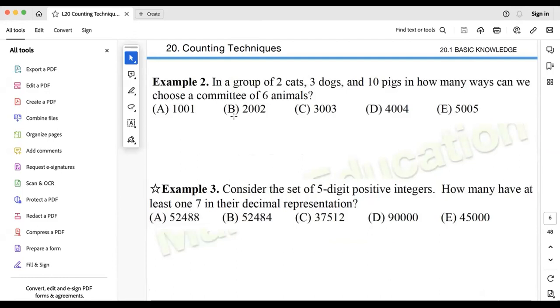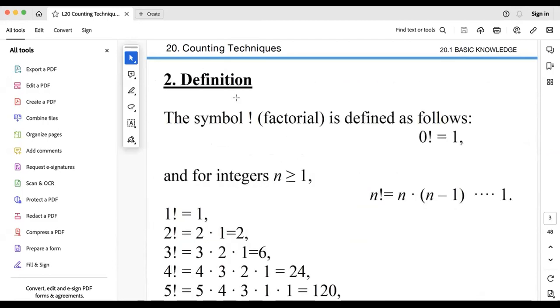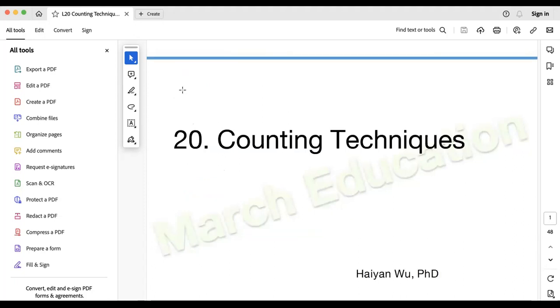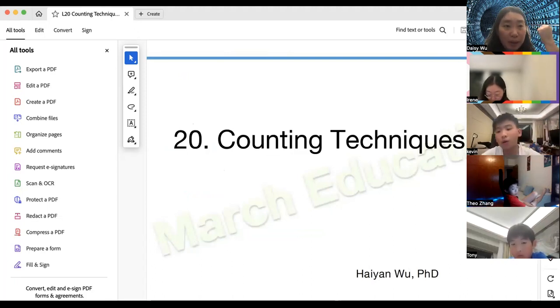Include a number and not include a number. So review this chapter. This chapter covers almost all the situations in AMC8. Okay, please review this chapter.